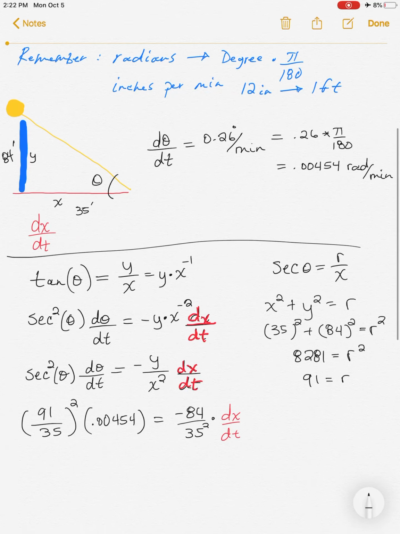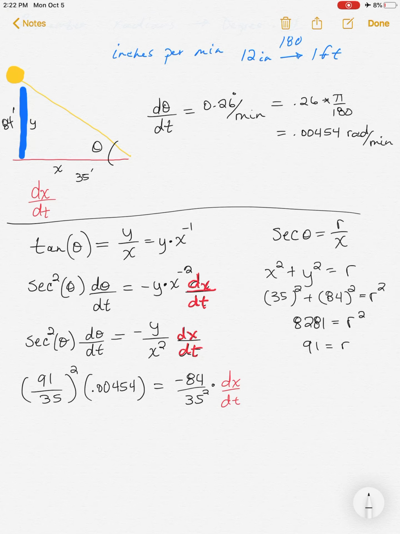And whenever we go ahead and start solving for dx dt, we will multiply each side by 35 squared.